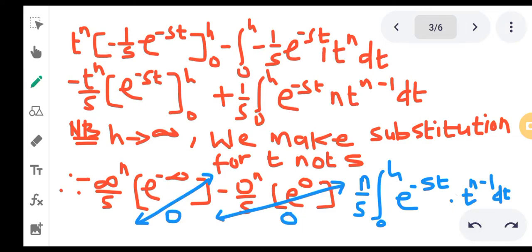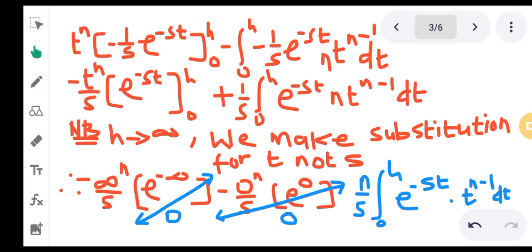So we are going to get n times t exponent n minus 1 dt.